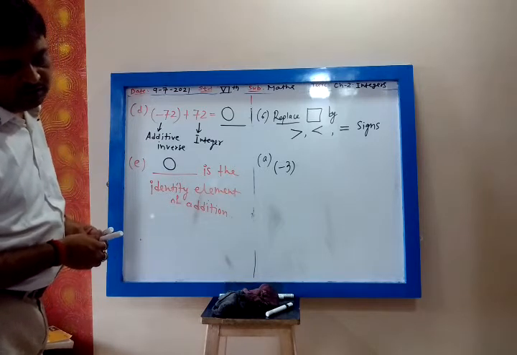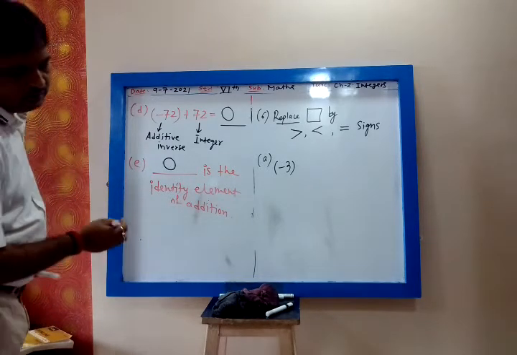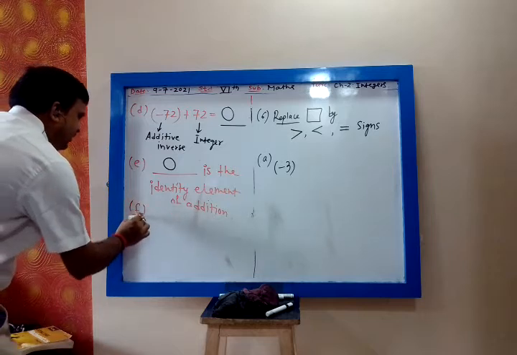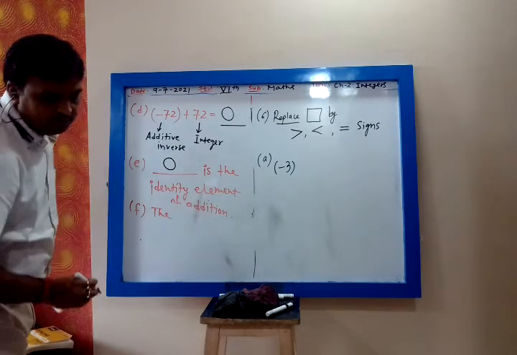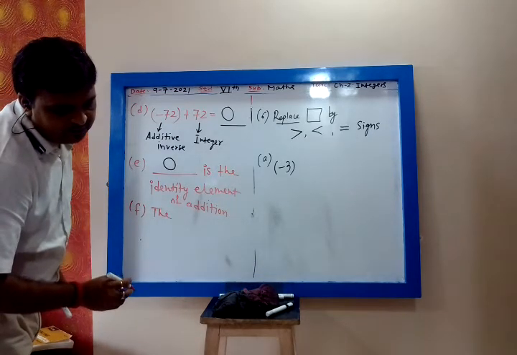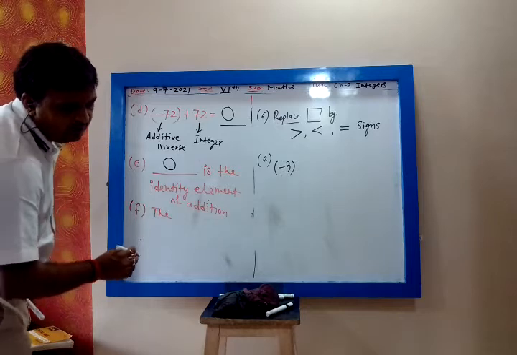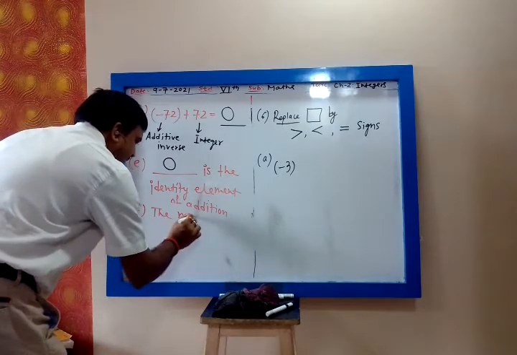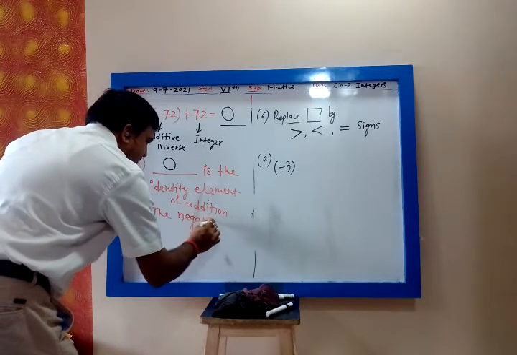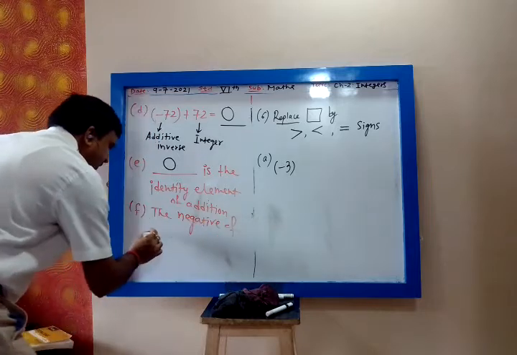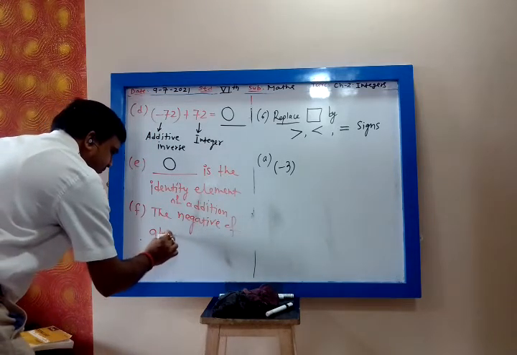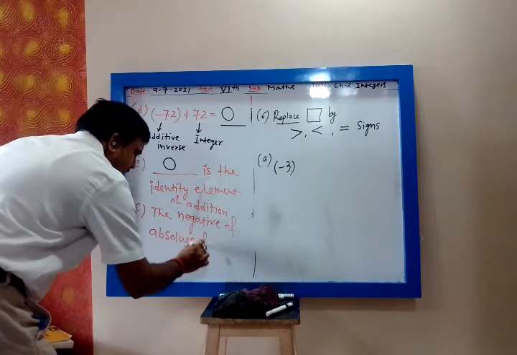Okay, the negative of absolute value. F. The negative of absolute of -3.